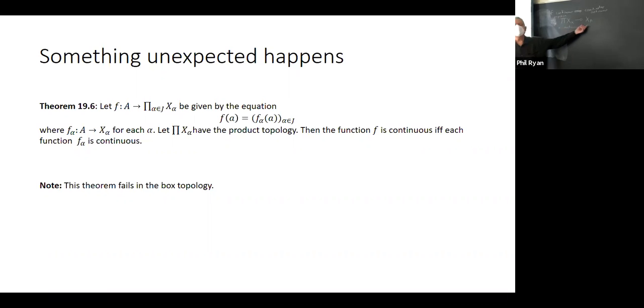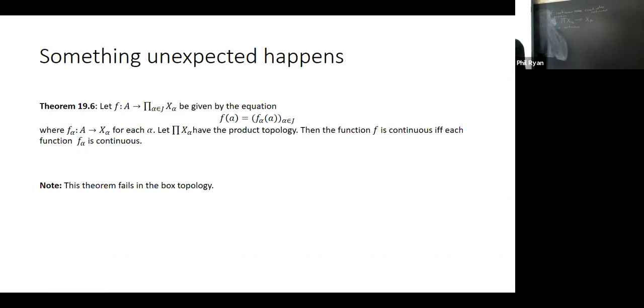Because if you've got an open set here, it gets pulled back to something which is X alphas everywhere except in the beta coordinate, and it's your open set U beta that you pull back there.